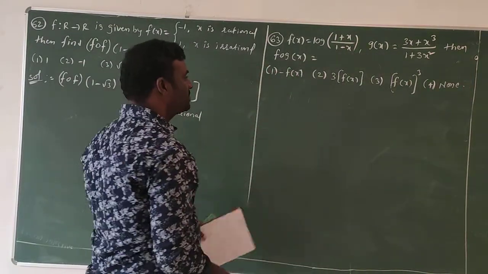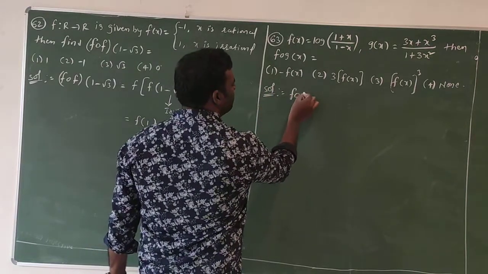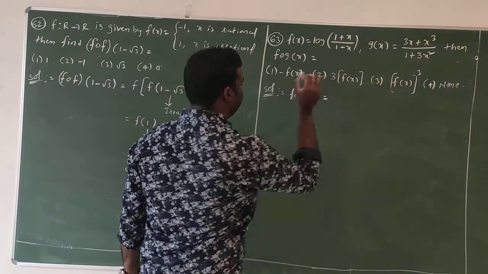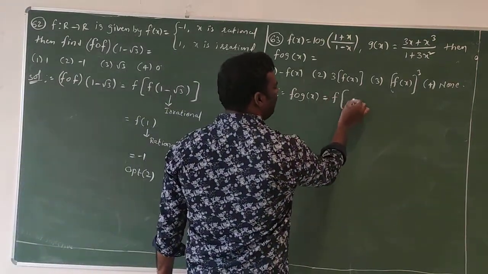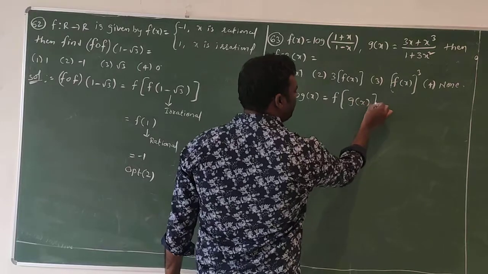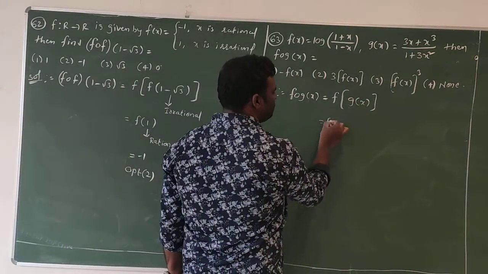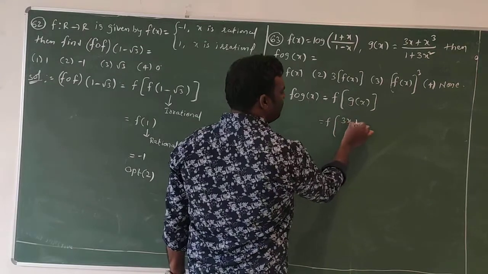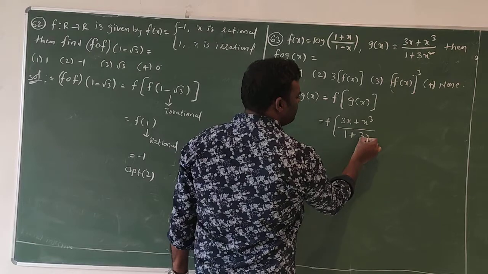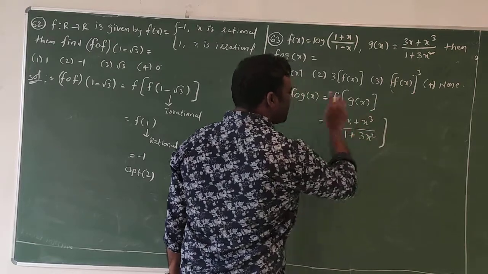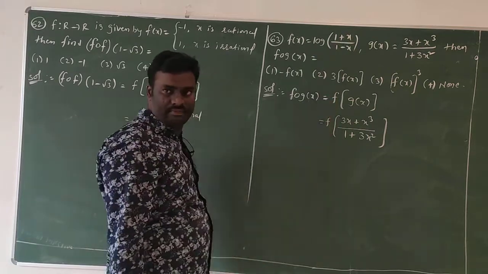Okay. In this we need to find f circle g of x. It can be written as f of g of x. g of x function is already given. What is g of x? 3x plus x cube by 1 plus 3x square. Substitute this entire value in f in place of x.